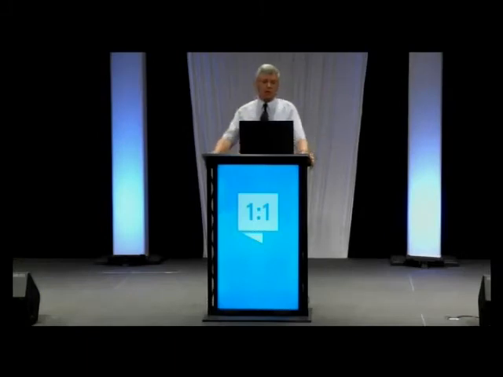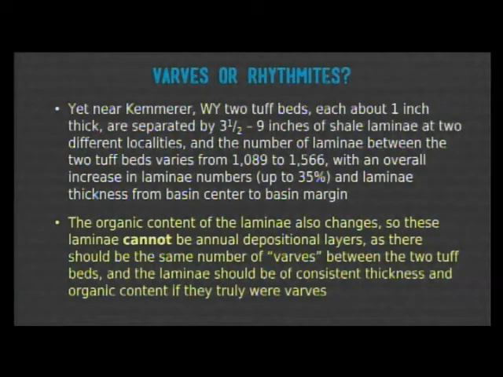Well, near Kemmerer, we have two volcanic beds, each about 1 inch thick, and between them are 3.5 to 9 inches of shale. Yet at two different locations, when you count up the laminae, there's 1,089 in one location and 1,566 at the other location. An increase of up to 35% in the thickness of these laminae as you go from one place to the next.